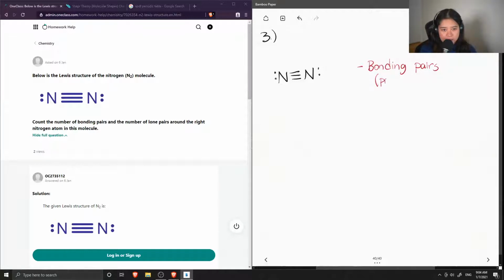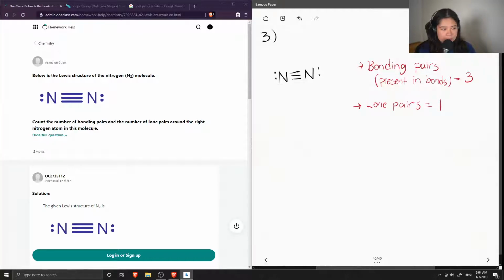I'm just going to put that in brackets. If that were the case, then we have 3 bonding pairs of electrons. For the number of lone pairs on the right nitrogen atom in this molecule, there is only 1 lone pair.